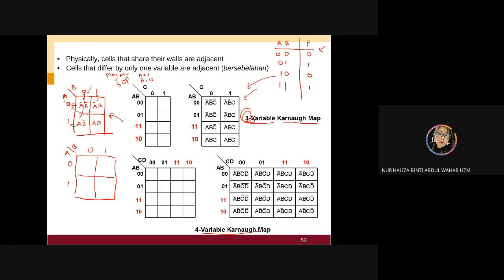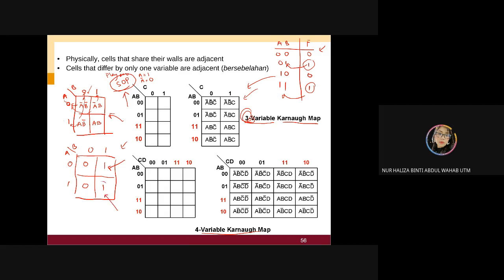When you convert it to the KMAP, or maybe the question directly gives you only the KMAP, your answer will be here in your KMAP: 0, 1, 1 and 1, 1. And supposedly it's going to be 0, 0. So because it is a KMAP, SOP, you're going to see 1.